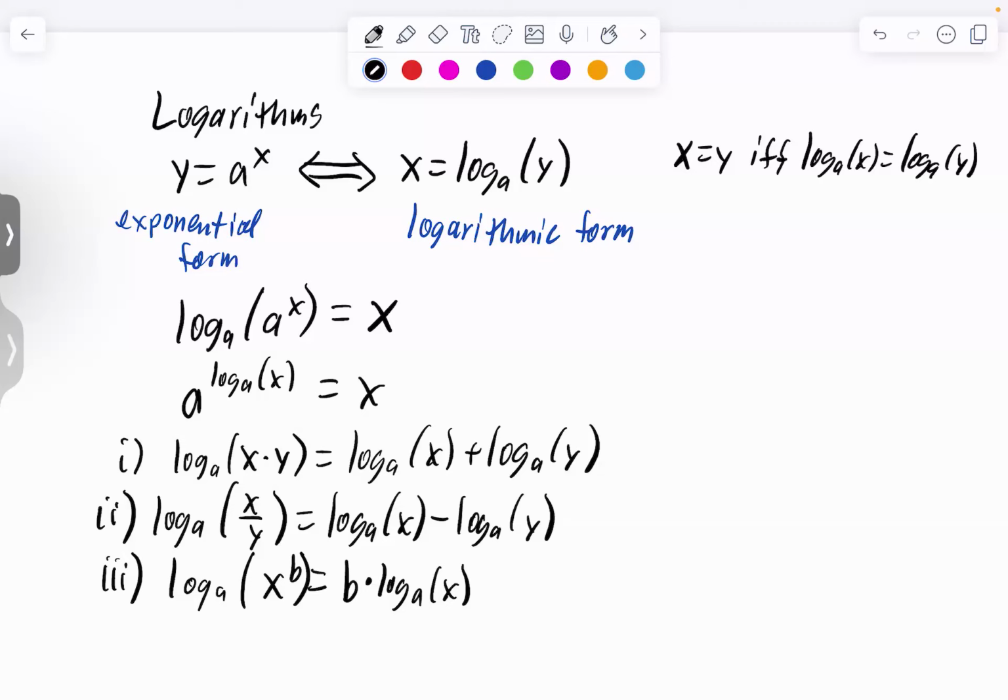Our if and only if statements go in both directions. When someone's doing a proof of these, and if and only if, you have to prove both directions, actually. Here's another if and only if statement, which are very useful.